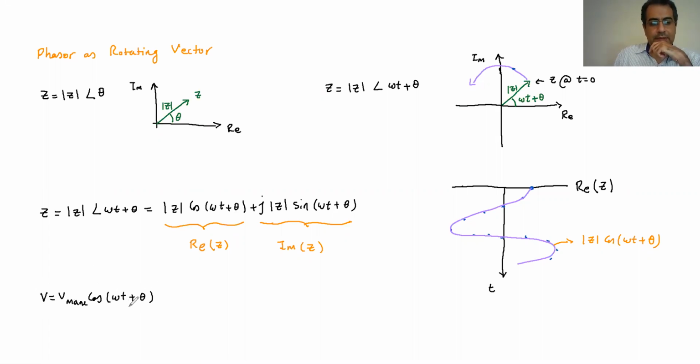So look at this and look at this. This one is the real part of a complex number. So I can write this as the real part of V max with angle of omega t plus theta.